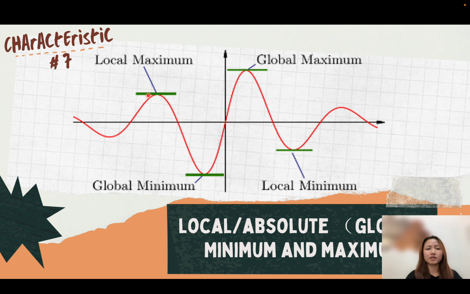And local, this one can be local, this one also can be local, this one also can be local. But the global is the highest overall. Or if you find it difficult to memorize, you can remember that global means the world, and local means your country. Then maybe you can understand.